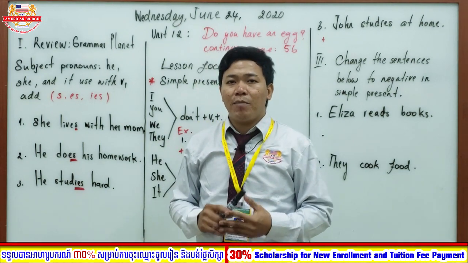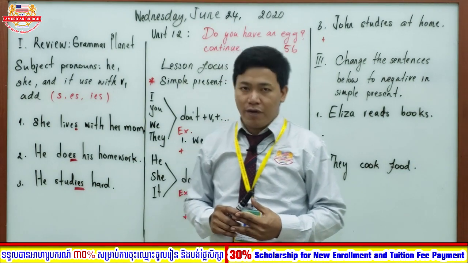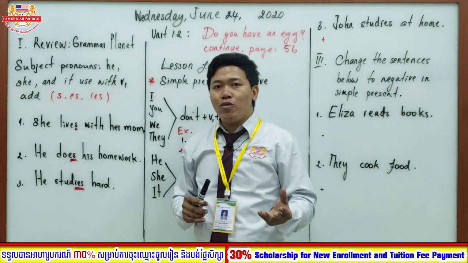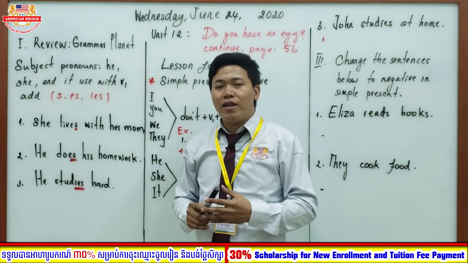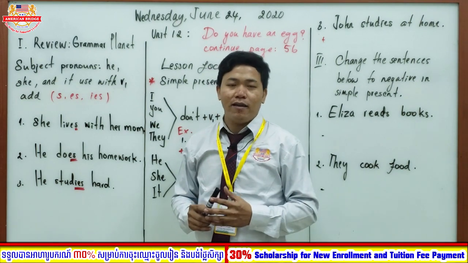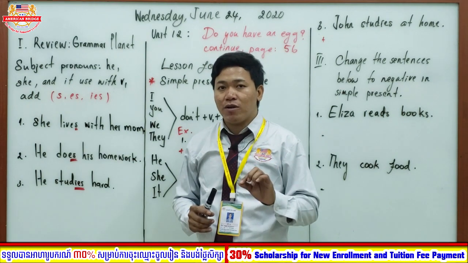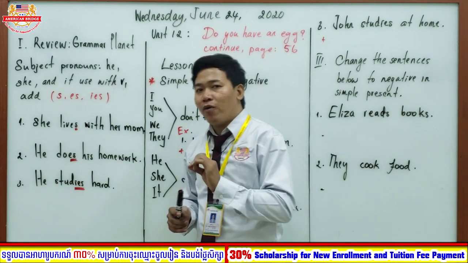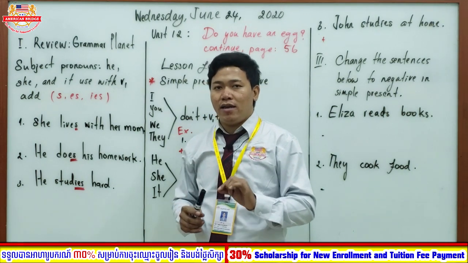Could you tell me about the affirmative form in simple present, everyone? Great. I, you, we, they plus verb 1. And we don't add anything. But when you use he, she, it as subject pronouns plus verb 1, we need to add s, es, or ies.